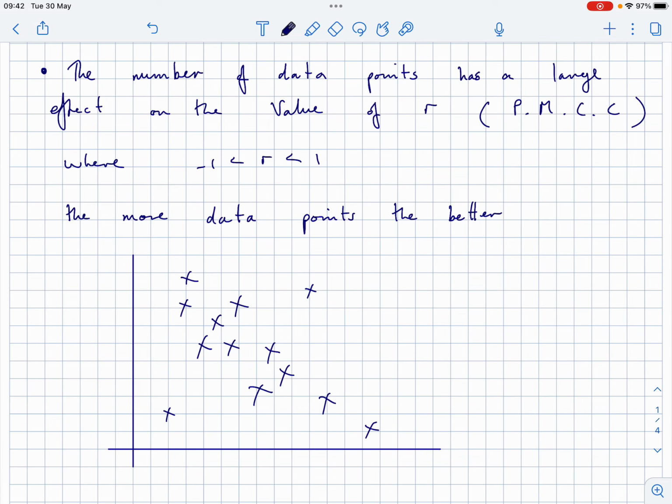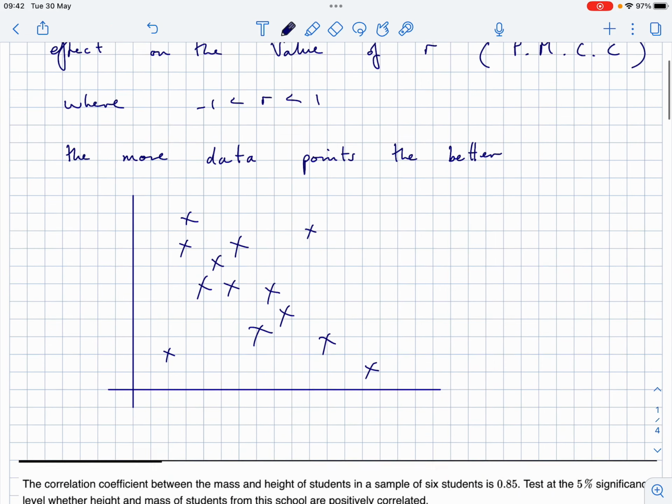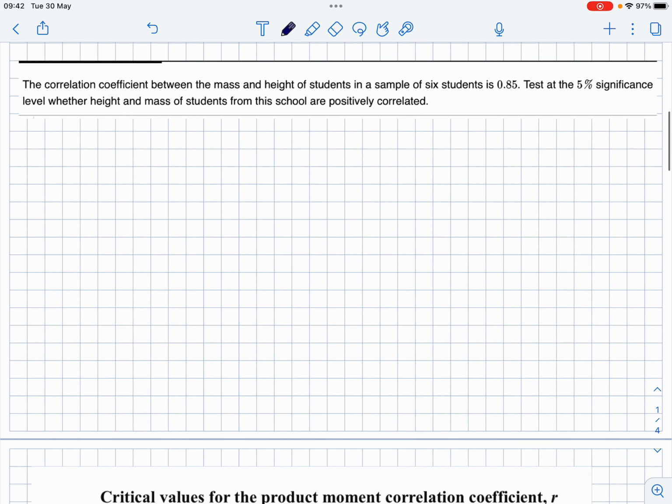Now, what we might want to do is decide whether it reaches a specific standard to say that it is correlated in some way. And that's why we're going to do a hypothesis test. So, let's have a look at this example.